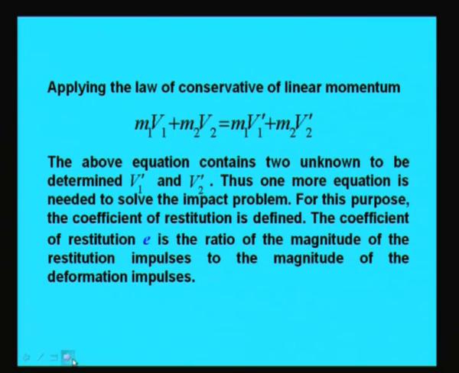Now, we apply the law of conservation of linear momentum. Although there is a force on one sphere, and similarly another force on the other sphere, if we consider them together, there is no external force acting on these bodies. That force is internal, because one body applies a force on the other body, which applies an equal amount of force back. So the net outside force is 0.